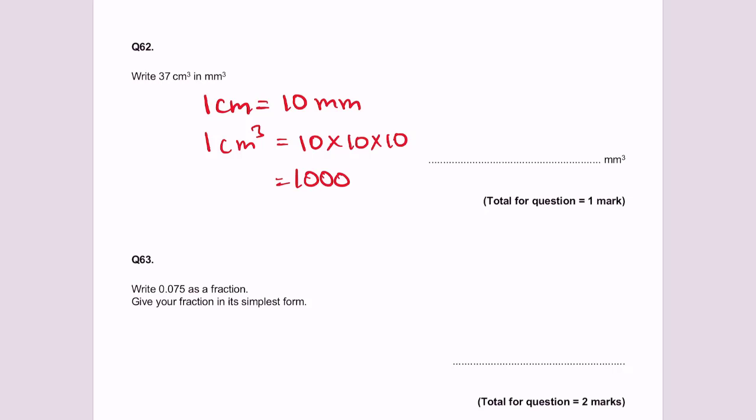Going from big to small, you multiply 37 by 1000, which is 37,000 millimeters cubed, and that's the answer for this one.